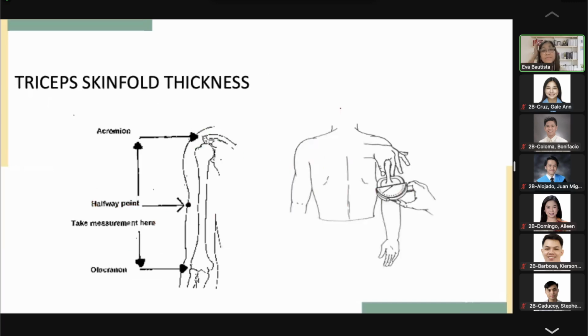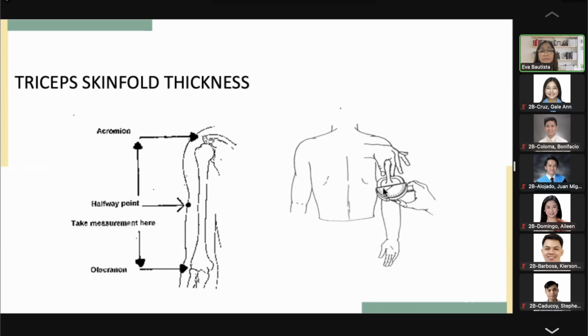Then we have the triceps skin fold thickness. It provides us an index of nutritional status and can be correlated with the body fat content. We use the tape to find the site halfway between the tip of the olecranon and the acromial process on the posterior aspect of the arm. So this is the child, his back facing us, and you are the one who takes the measurement on the back part of the arm. The arm is in a relaxed position.